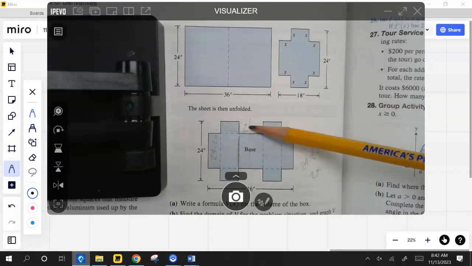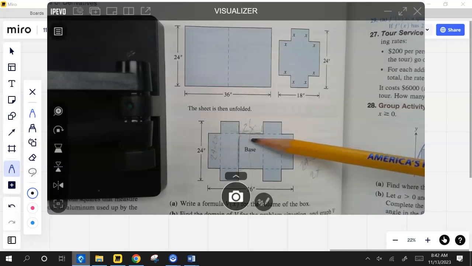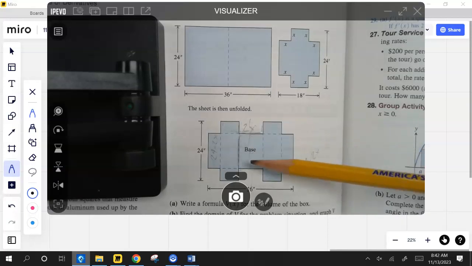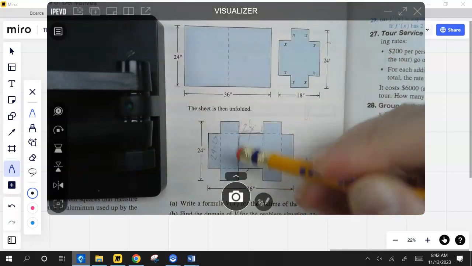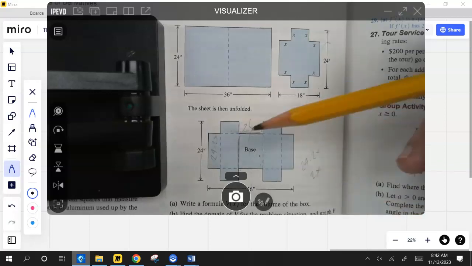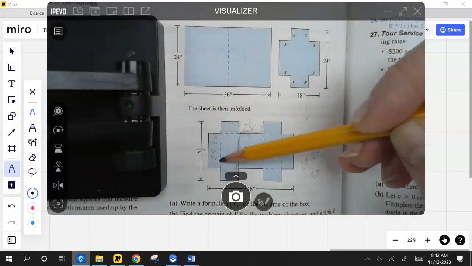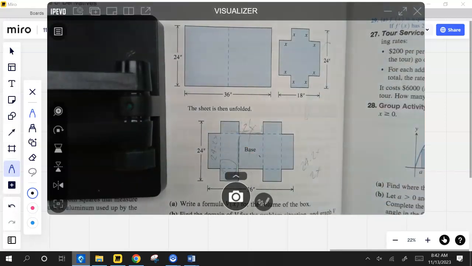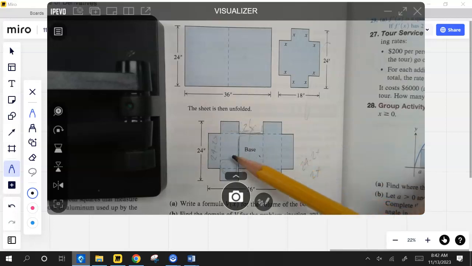But now I need how high up it goes, like what it spans. So what are we going to use to find that? So let's see. The base is this area right here. I mean, the height. This is my height, right? If it's folded up, you agree? Envision this folded up. It comes up.